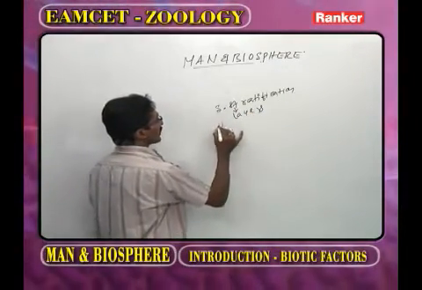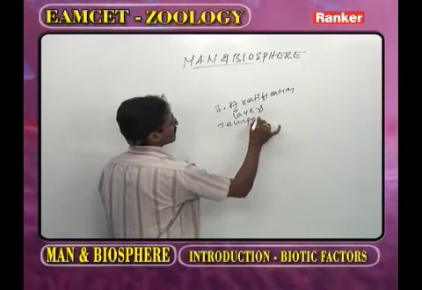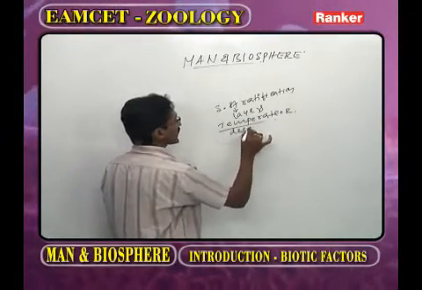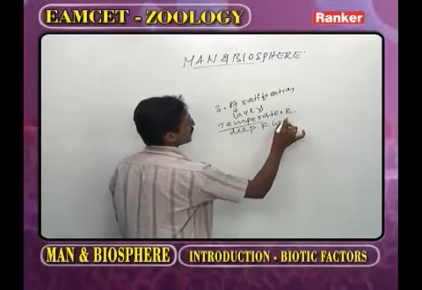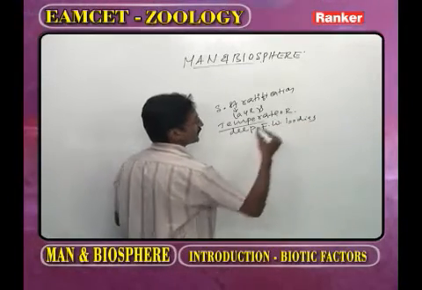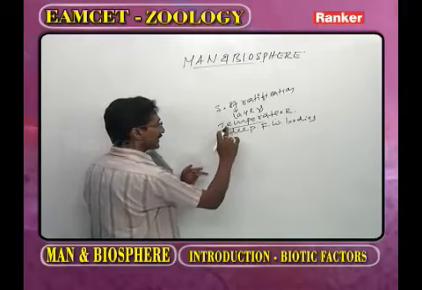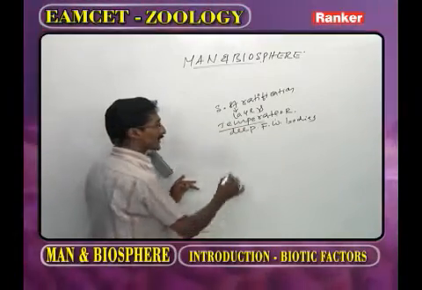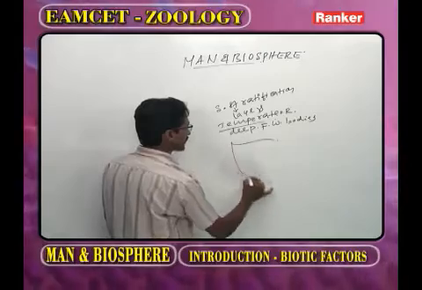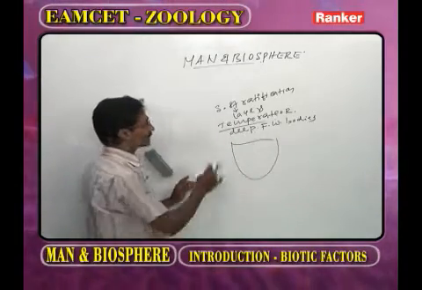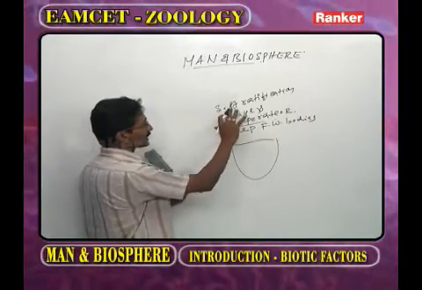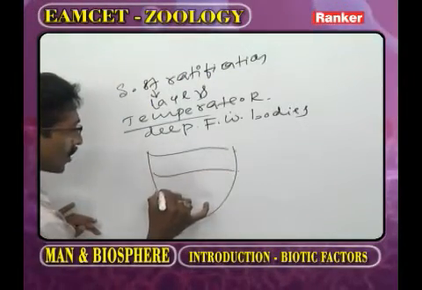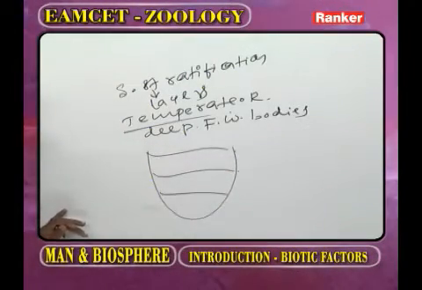Particularly in the temperate regions, in the deep freshwater bodies, during summer season, because of the changes in the temperature, we are going to get the formation of 3 layers.